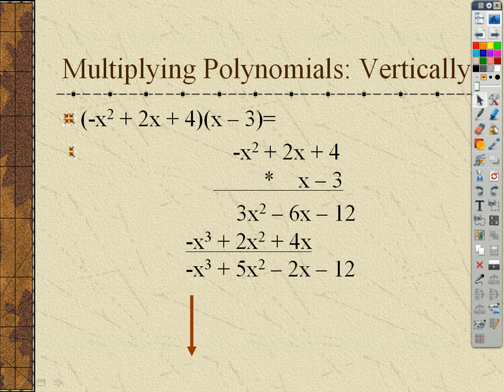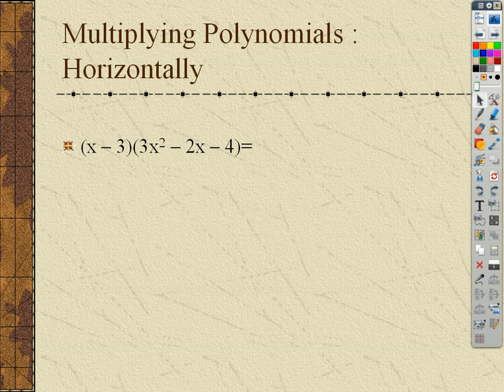No biggie. What if we wanted to multiply horizontally? Also very simple. We would just distribute. We would just distribute from the smaller polynomial, the one with 2 terms, to the one with 3 terms. So we only have to distribute twice instead of 3 times.